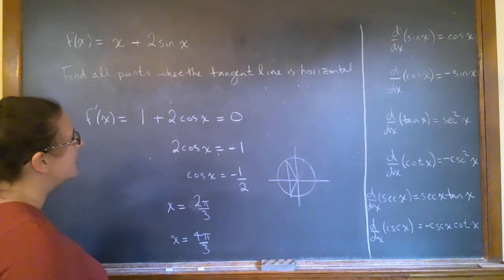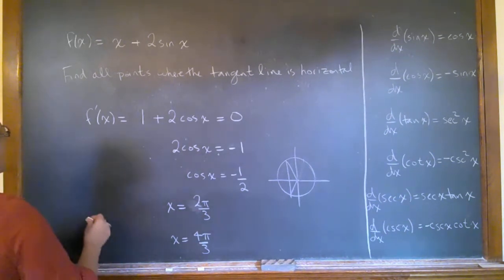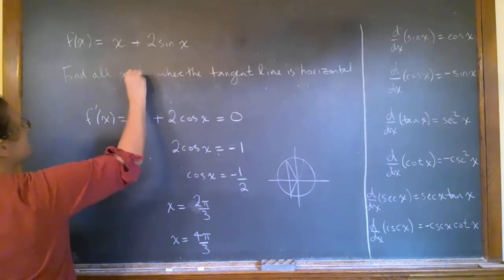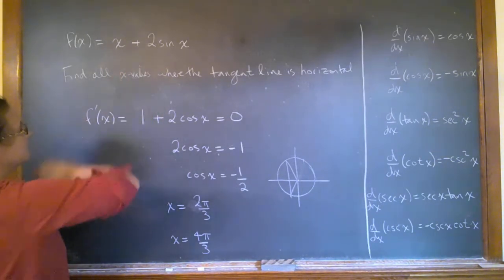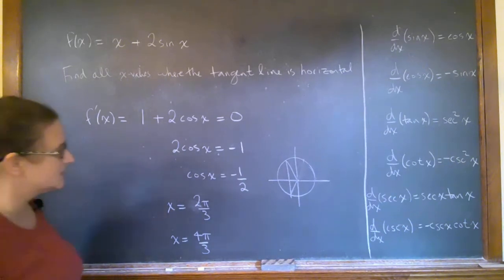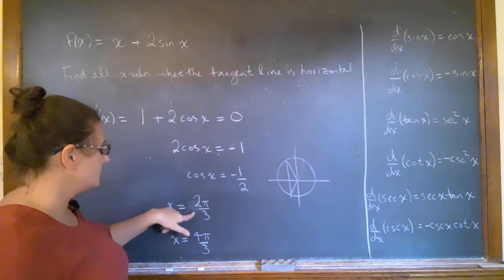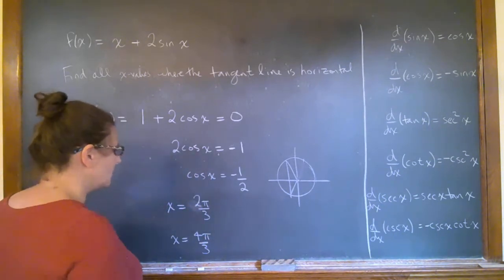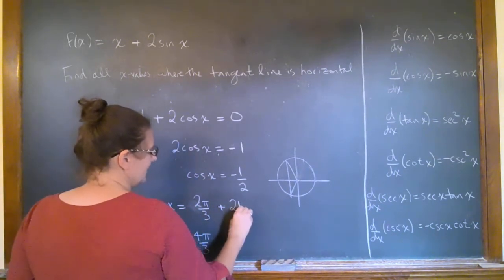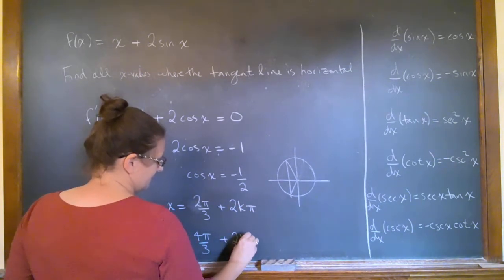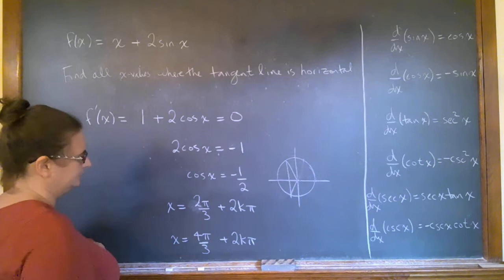I would like to say find all x values, not points. Because these I can list, right? I want all of them. So not just 2 pi over 3, but every time I go around, so I can put a 2k pi here or 2n pi, whatever you want. Okay, so I've got those.